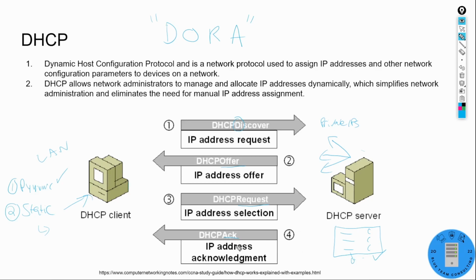It will say, okay, I've confirmed that you want this IP address to live in the table for your device, and it will send an IP address acknowledgement. So it's a very easy process to imagine in your head. And if you forget how it works, just think of DORA for discover, offer, request, and acknowledge.